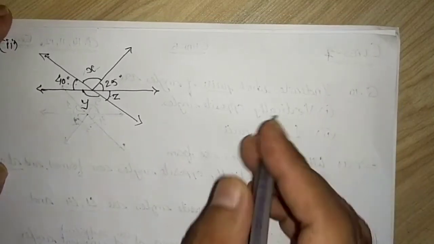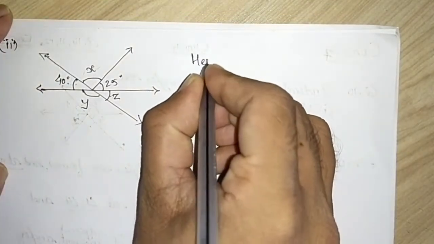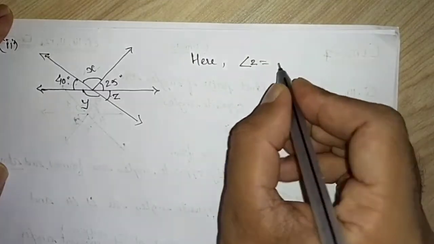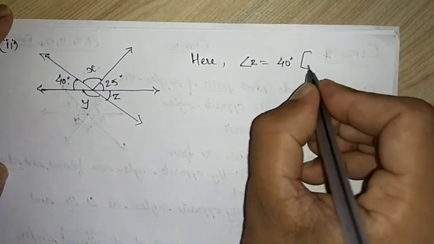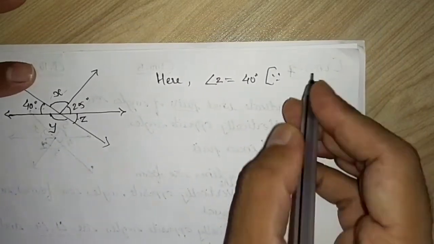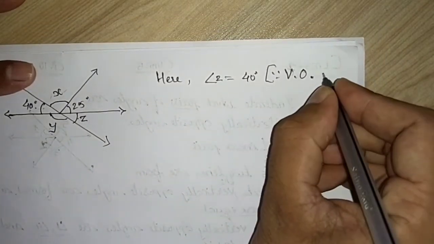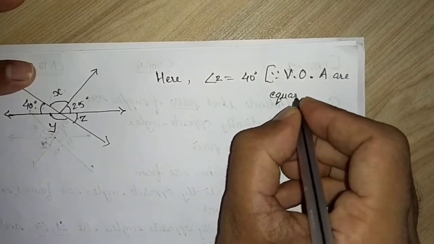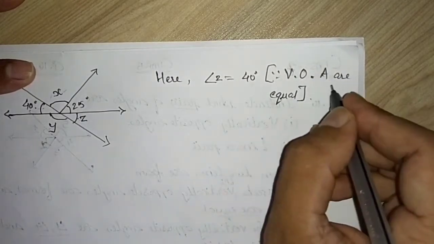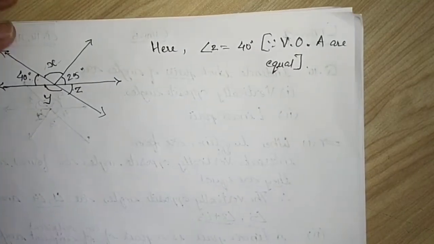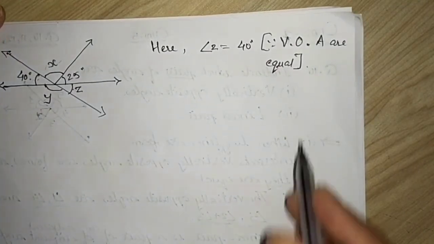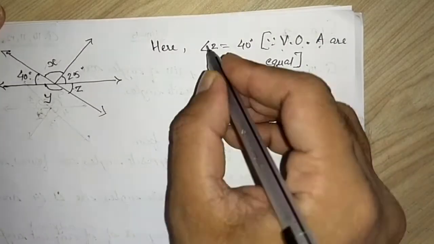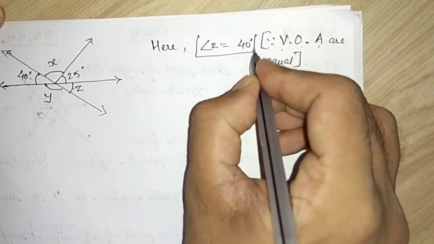So starting like this, here angle z is equal to 40 degrees, and you will give the reason, because vertically opposite angles are equal. Students, you are supposed to write in whole. Don't write VOA. You will write vertically opposite angles are equal. So we have got z.